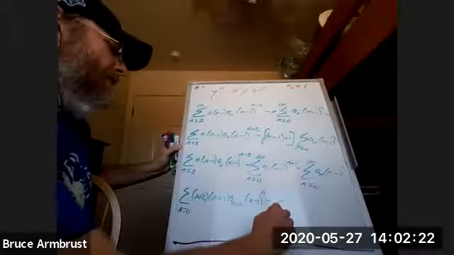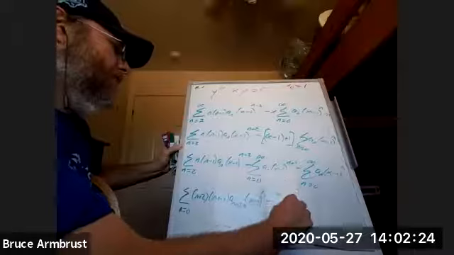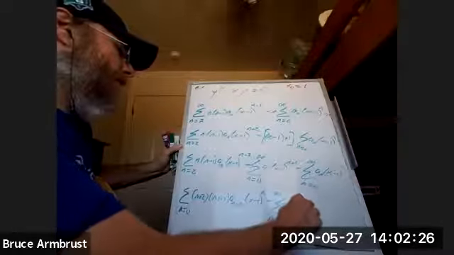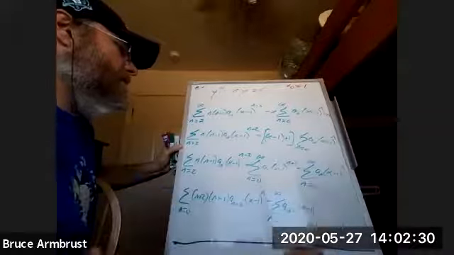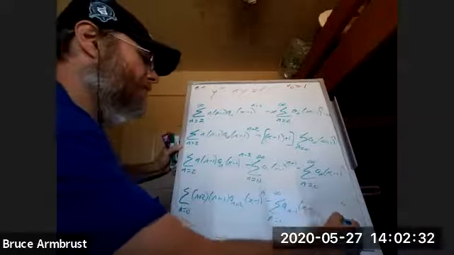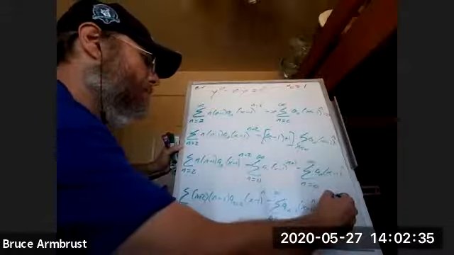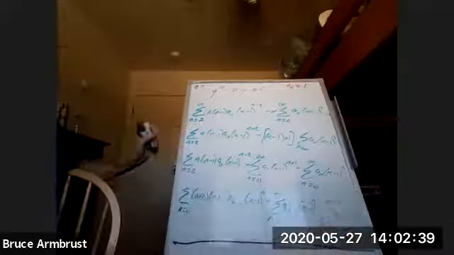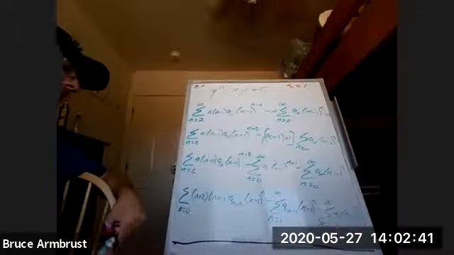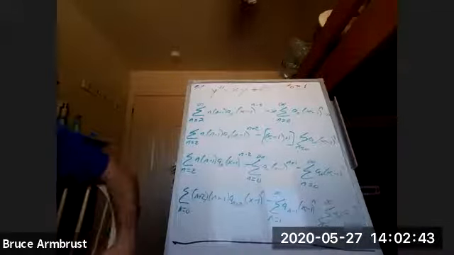So that's going to give us the sum from 1 to infinity of a sub n minus 1 times x minus 1 to the n. And then the third one, we don't have to shift it at all. But now all those powers are n.